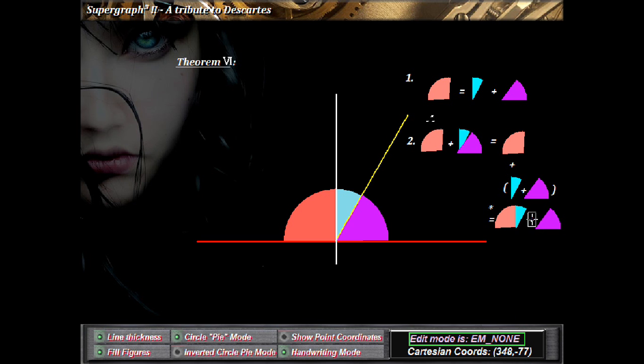Subtraction was one example. If this were a minus sign, we couldn't do the same thing, right? If this equals this minus this, that's not the same as this minus this.